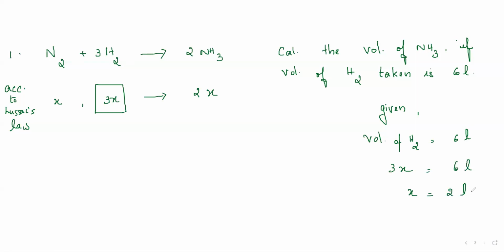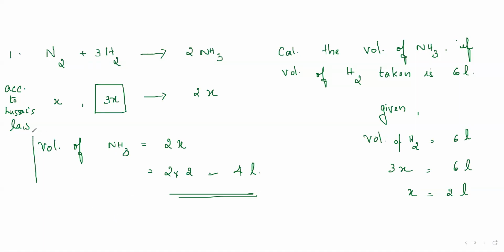X is equal to 2 liters. Therefore, volume of ammonia is equal to 2x, which is 2 into 2, 4 liters. So your final answer, do not leave it as 2x is equal to 4 liters, but write volume of ammonia is equal to 2x, and that is here 2 into 2, 4 liters. Final answer, 4 liters of ammonia.